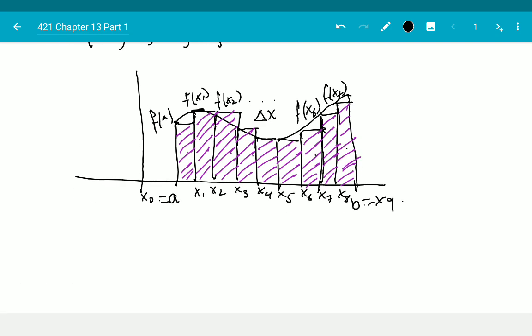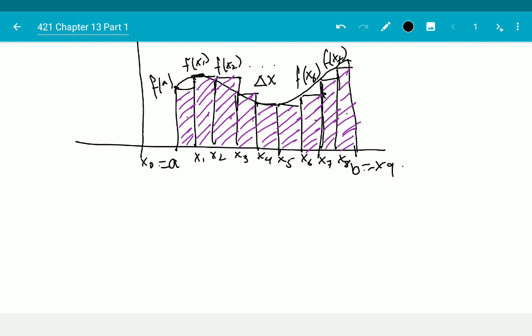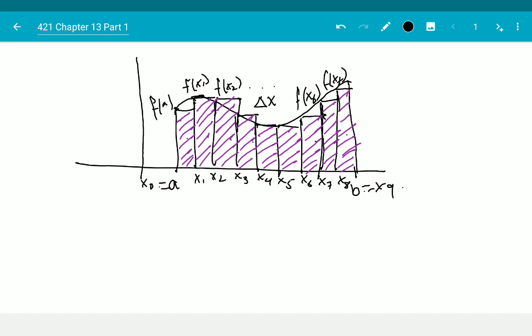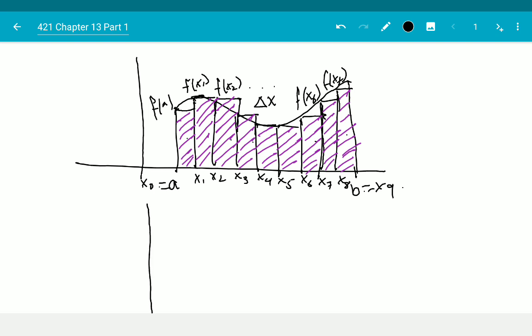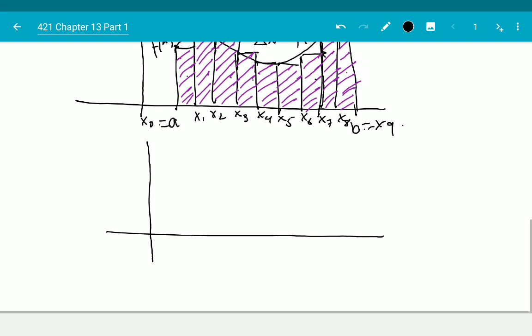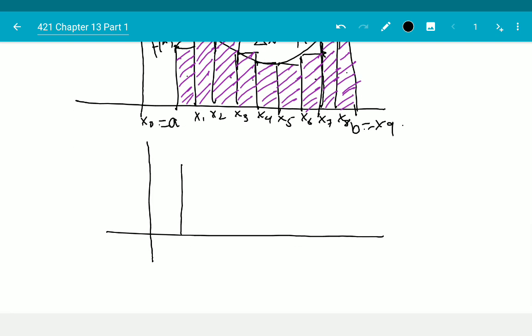Now here I chose from the left hand side, right? I chose the endpoint of the left and I created the height using that. Instead, I could have done the exact same thing with the right hand side instead of the left hand side. So if my function would look something like this, oops.